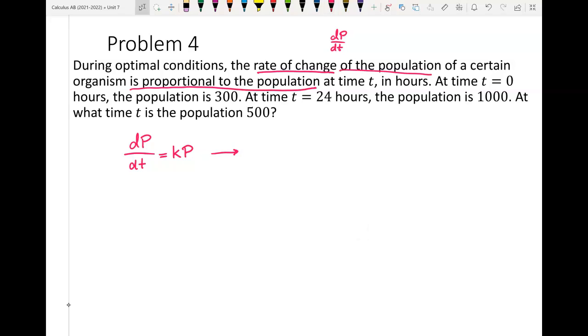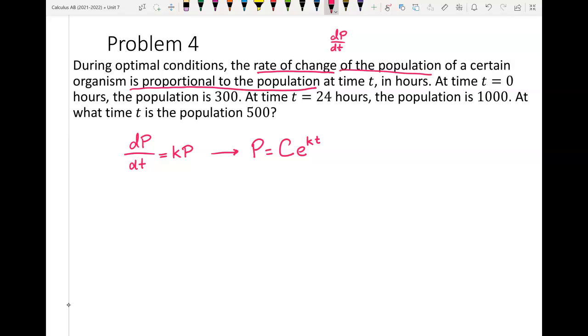So our general solution would be what? In this case, we're not using y's and x's, we're using p's and t's, but it's the same setup. I could go through the separation of variables and do the whole thing, but we already know if it is proportional and it's in that format, that is our general solution.